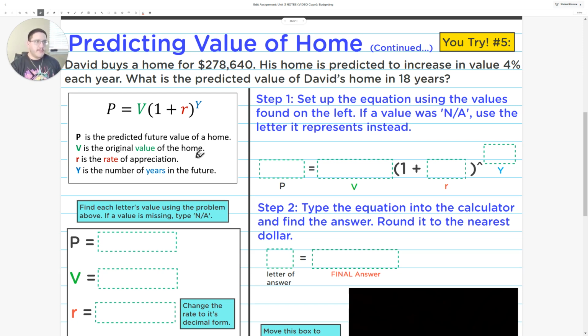All right, so first off, we need to identify what values we have. We know P is the predicted future value, V is the original value, R is the rate, Y is the number of years. David buys a home for $278,640. That is the original value. So V equals 278,640.